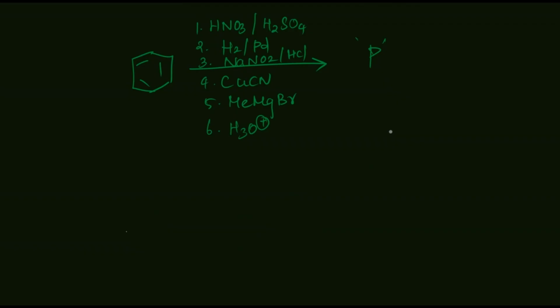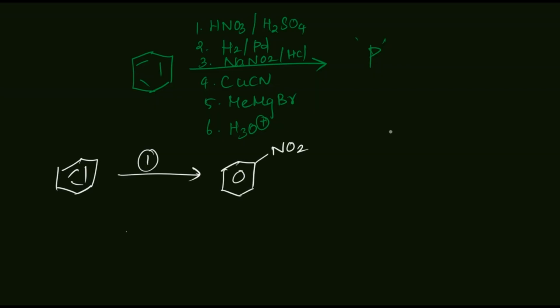Then the next question, they have 6 reactions to be carried out. Upon seeing this, don't panic, just do it. It will take only 1 minute. First I have benzene with nitration. It will give you C6H5NO2, that is nitrobenzene. The second reagent is reduction, so I'll get aniline, correct?